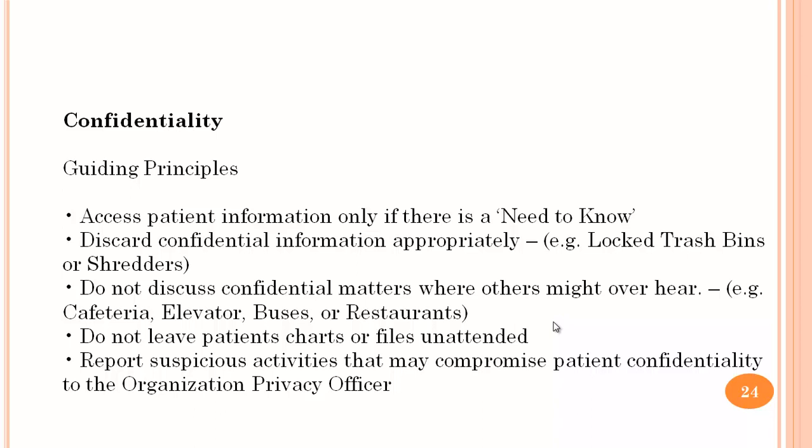Discard confidential information appropriately, for example, locked trash bin or shredders. Do not discuss confidential matters where others might overhear, for example, cafeteria, elevator, buses, or restaurant. Don't leave patient charts or files unattended. Report suspicious activities that may compromise patient confidentiality to the organization privacy officer.